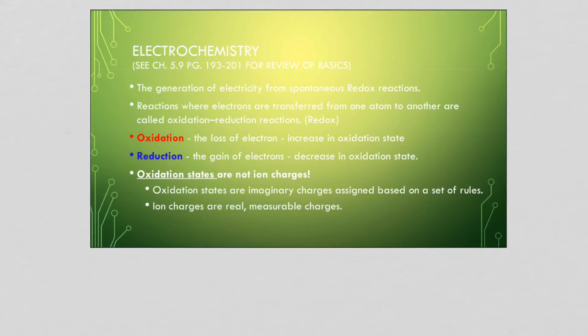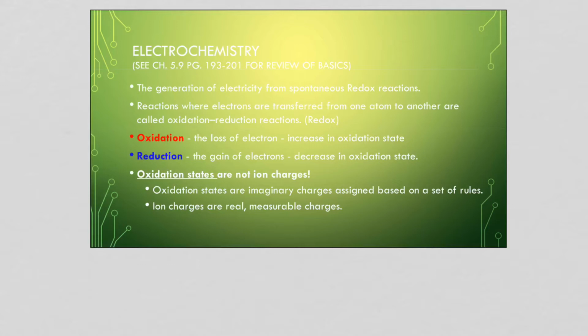So these are looking at whether something is likely to have more or less electrons than its elemental state. In the process of oxidation, where you lose electrons, it causes that atom to develop a positive charge or an increase in oxidation state. The oxidation state gets more positive.